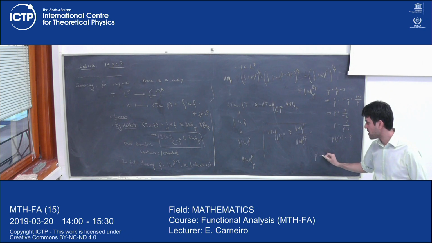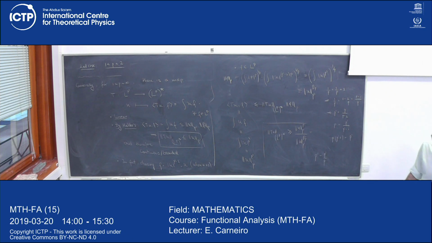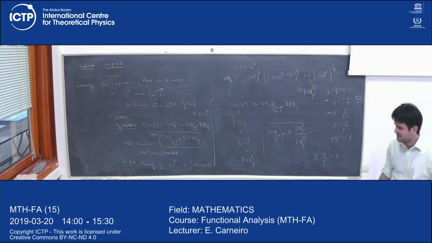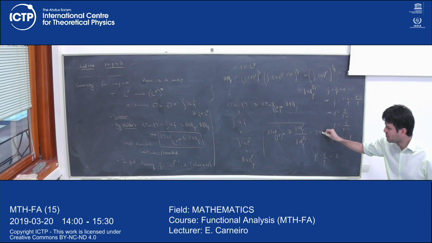So what is this now? It is p prime minus p prime over p. I claim that this is 1. If I divide by p prime, I get 1 minus 1 over p, which is 1 over p prime. So this is just the norm of u.